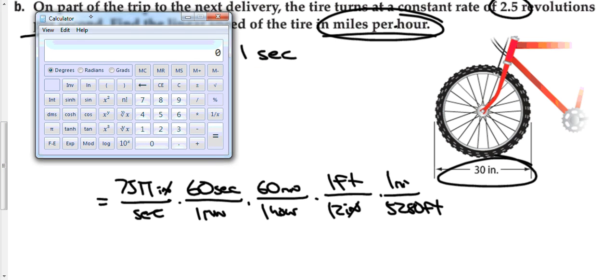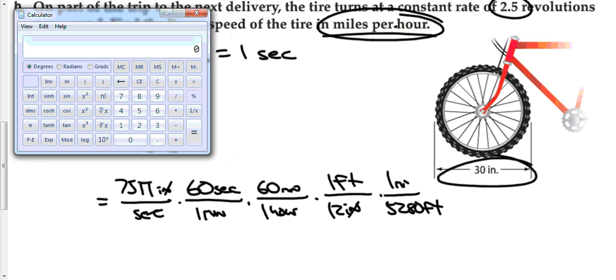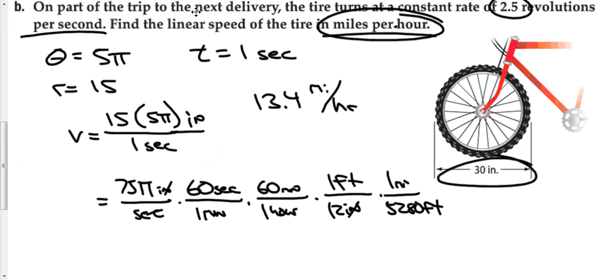So we got 75 times 3.14, 75 pi times 60 times 60 divided by 12 divided by 5,280, which gives me 13.4 miles per hour.